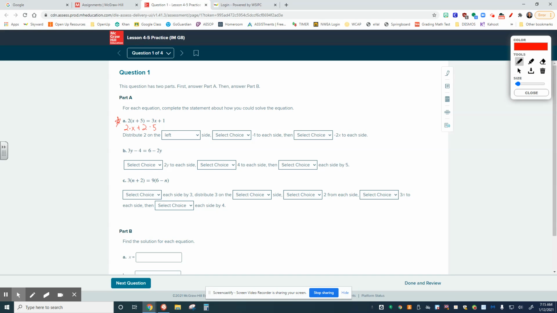This is where I wanted to readdress something that I may not have done very well before. So 2 times the sum of a number and 5 is equal to 3 times the number plus 1. After the distribution, 2 times x and 2 times 5, I know 2 times 5 is 10.